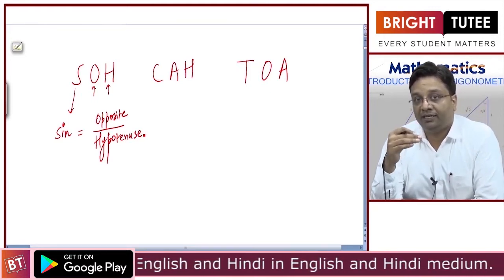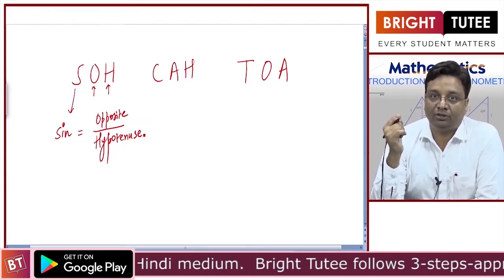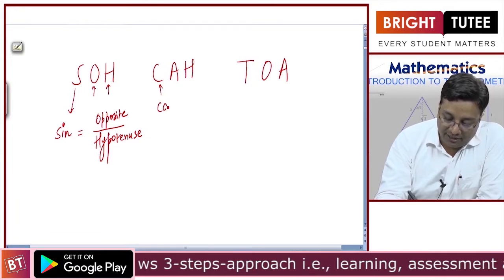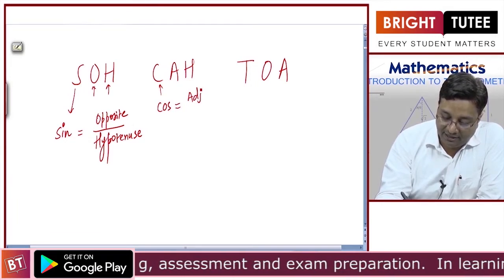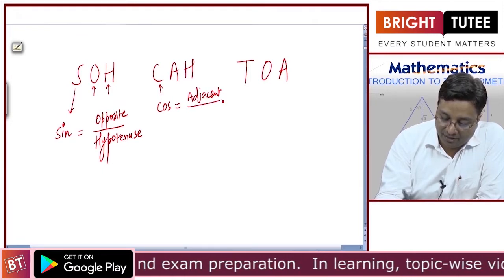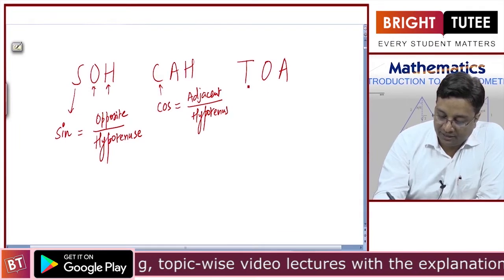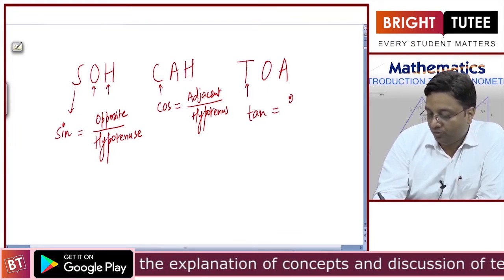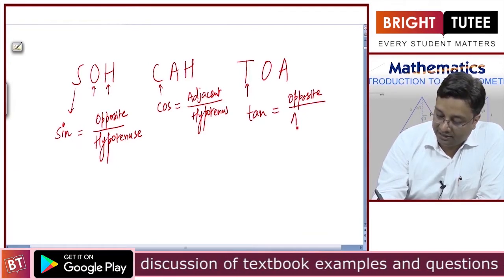So sine of an angle is equal to opposite side divided by hypotenuse, right? C is cosine, that is cos. It is equal to adjacent side upon hypotenuse. And T denotes tan. Tan is opposite over adjacent.